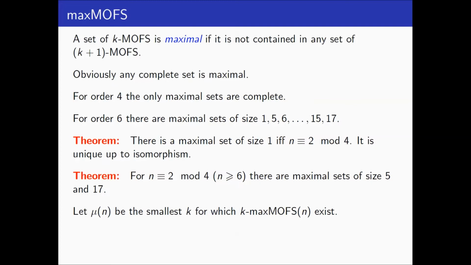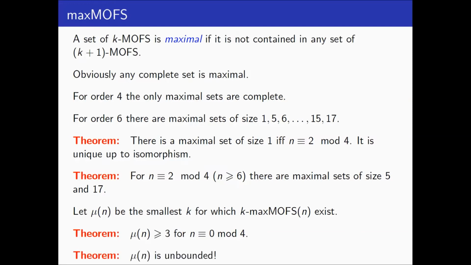That's another way to phrase my first theorem. And it turns out that we showed that mu of n is at least 3 in the other case. This was an annoying amount of work. It took many pages to prove that you can't have a maximal pair of mutually orthogonal frequency squares of order 0 mod 4.